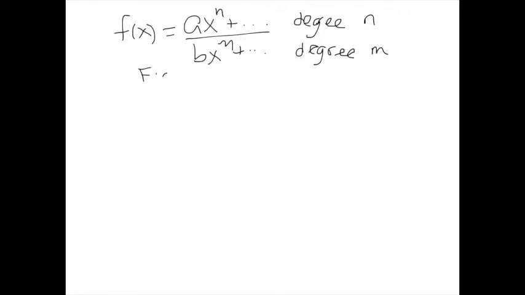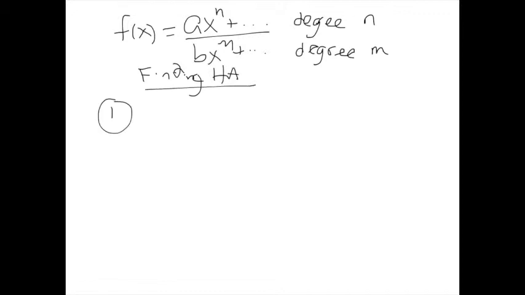The degree of the numerator, meaning the largest exponent in the numerator, is n, and the degree of the denominator, meaning the largest exponent in the denominator, is m. These two things help us develop our three rules for finding horizontal asymptotes.